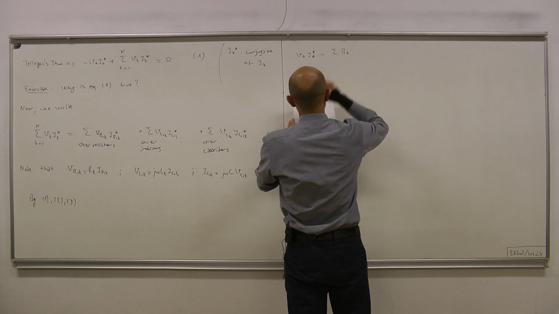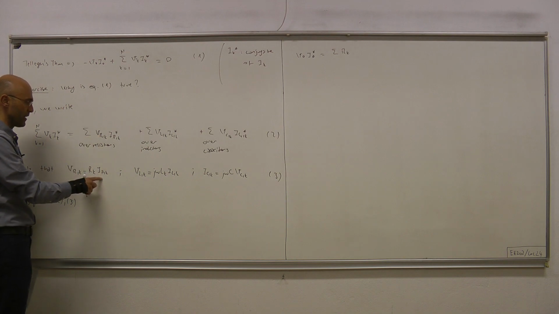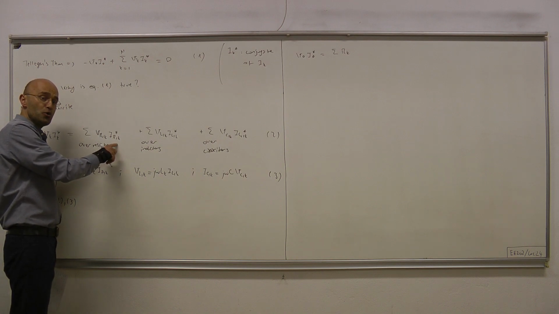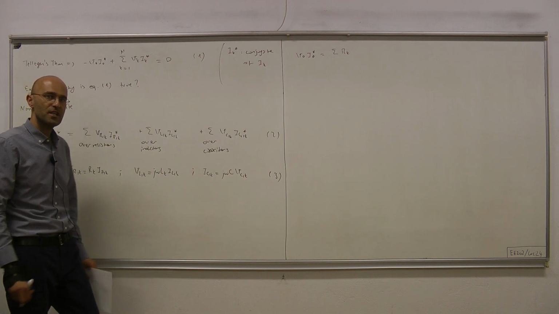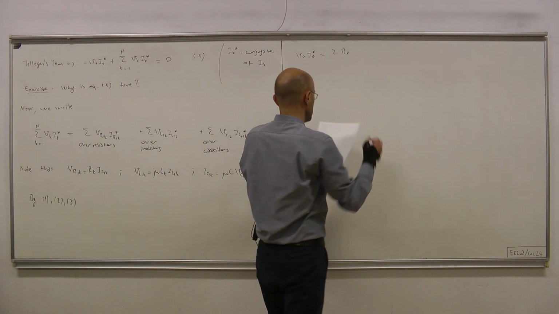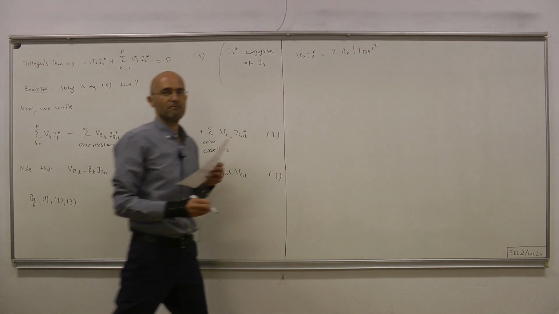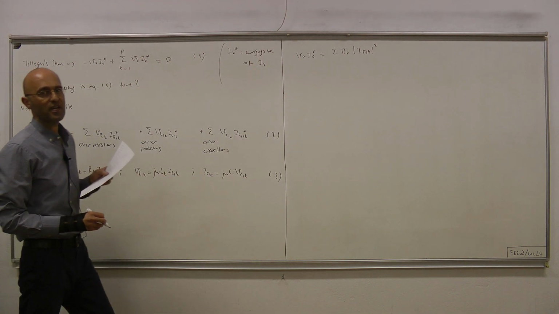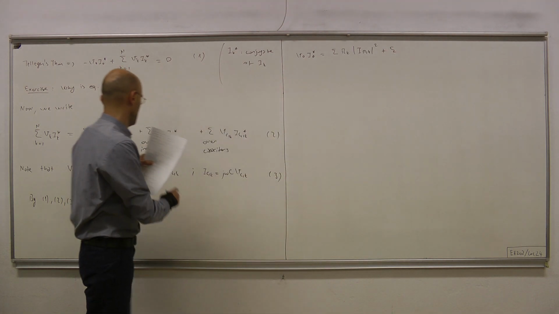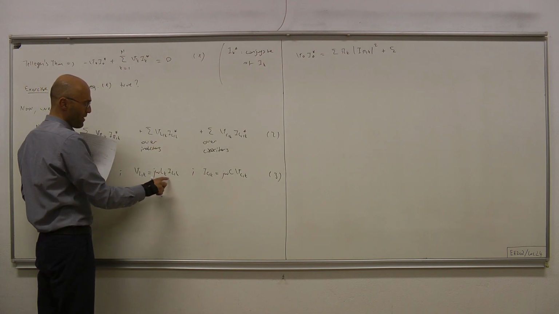Summation over Rk. Now if you replace this VRk by Rk IRk, what you have is Rk times IRk conjugate. A complex number times its conjugate gives us the magnitude squared. Therefore, the first summation produces the magnitude squared of IRk multiplied by the resistance of the kth resistor, plus, now let's look at the summation over inductors. We replace VLk by j omega Lk ILk.